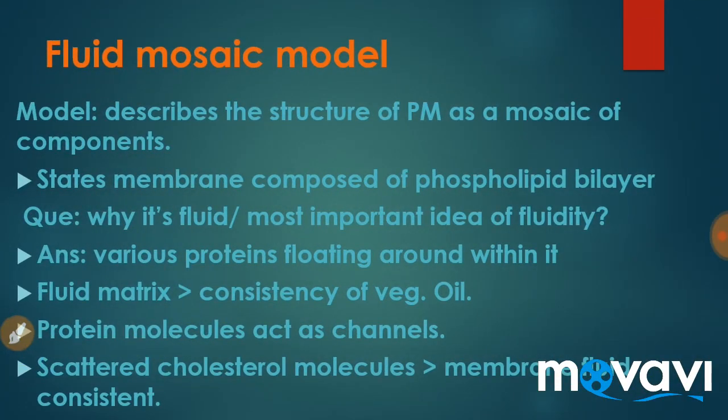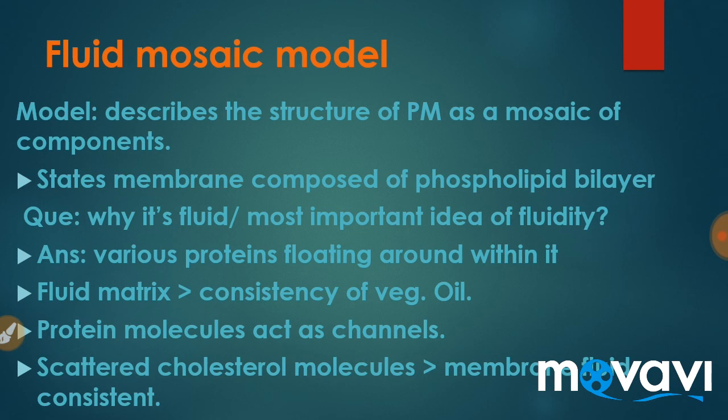Next is the question: why is it fluid? Why do we call it fluid? What makes it fluid? This is the most important idea in the phospholipid bilayer, fluidity. We know there are various molecules present in the bilayer.